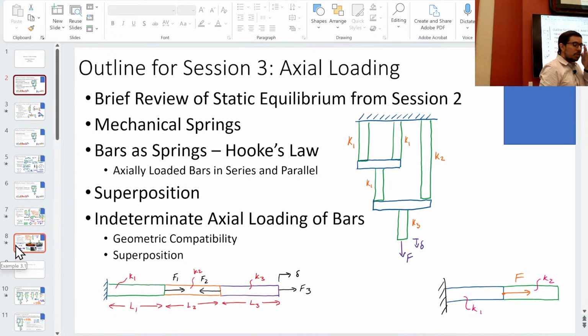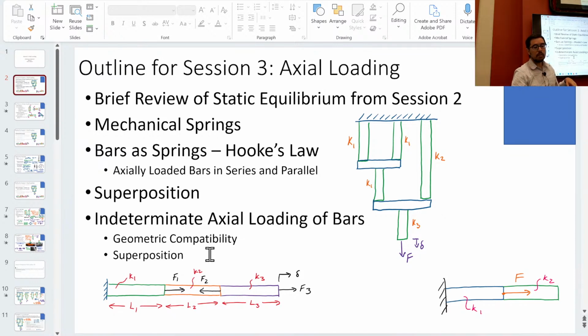So with indeterminate axial loading of bars, what you'll see is that we can use geometric compatibility, which is how Hibbeler normally approaches it. Well, actually, no. Hibbeler emphasizes both of these techniques, superposition and geometric compatibility.